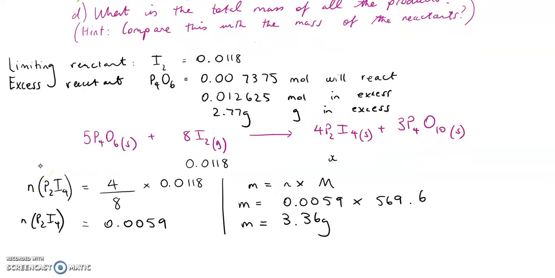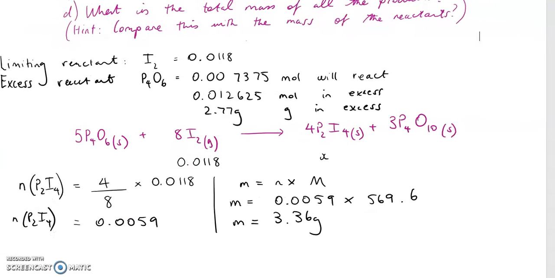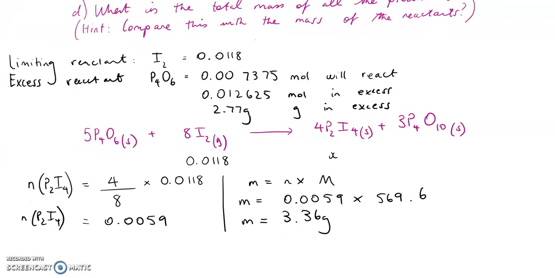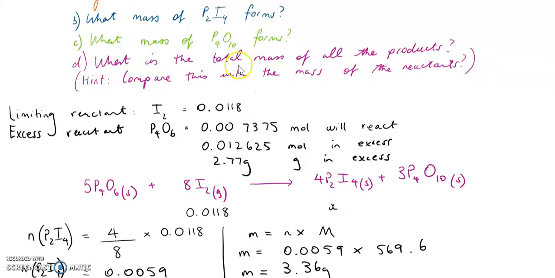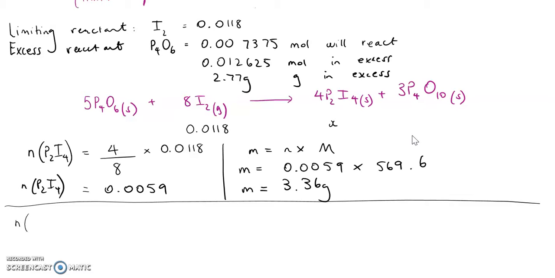Okay, so then the next question is quite similar. It's asking for the mass of P4O10. So that's our other product. So we do exactly the same thing, P4O10. So this is our unknown now.